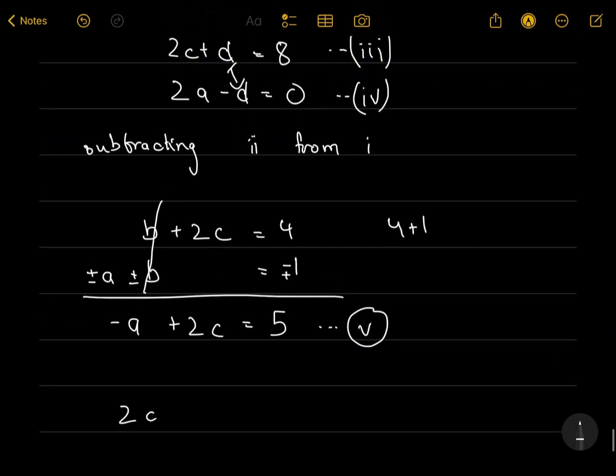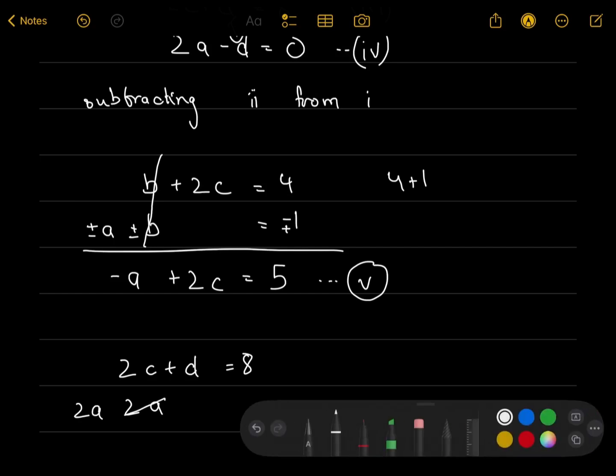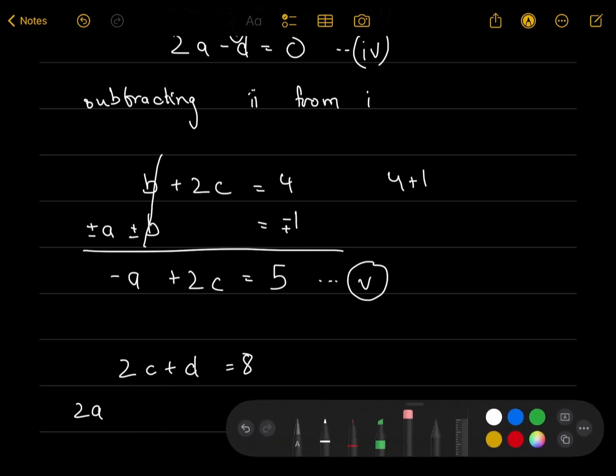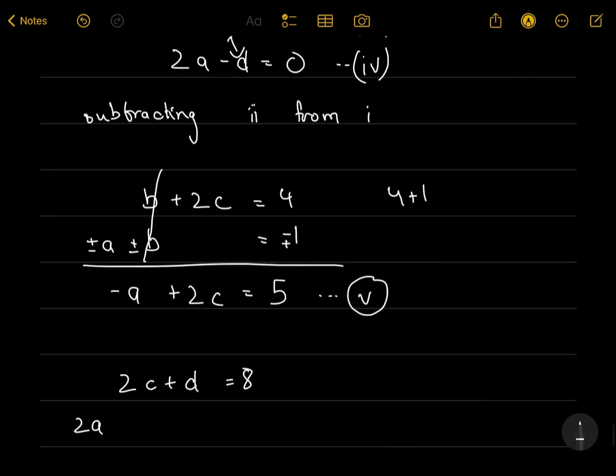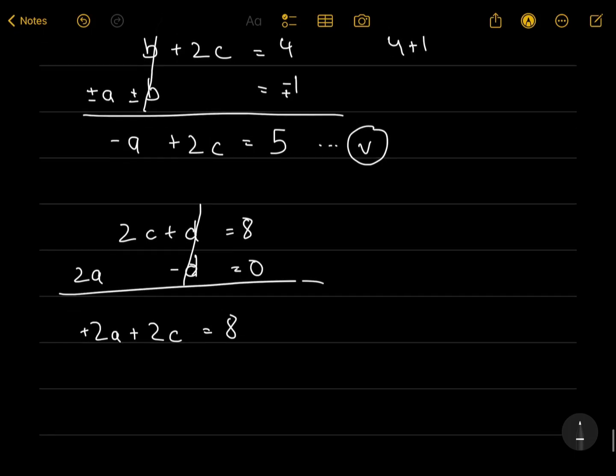So that's 2C plus D equals 8, and 2A minus D equals 0. So these cancel, and we're left with 2A plus 2C equals 8, because 8 plus 0 is 8. Now this is our sixth equation.